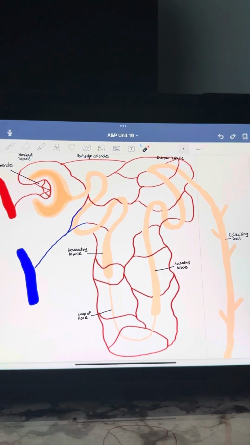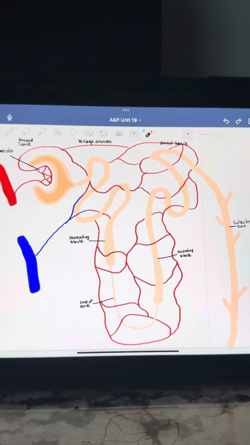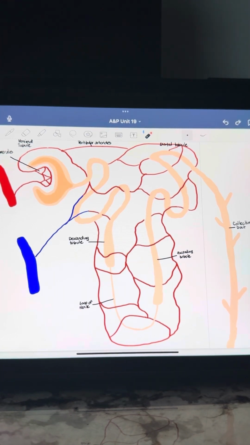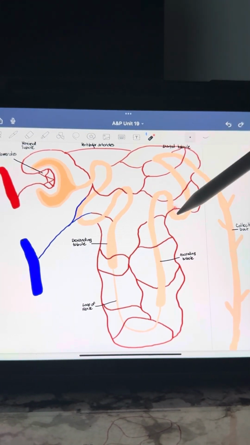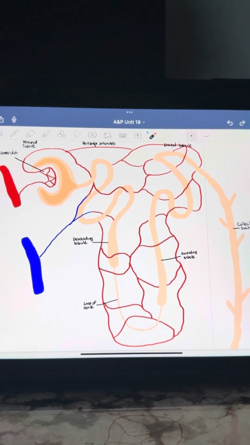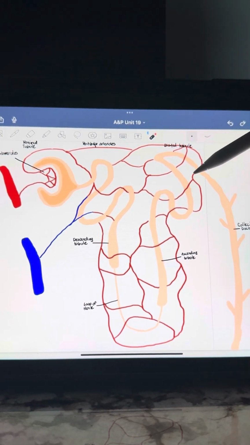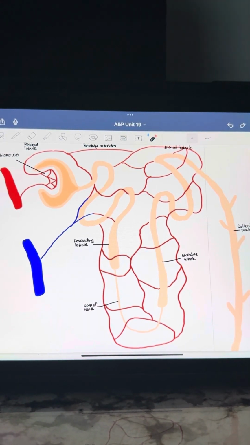Now as filtrate goes through the distal tubule, so right here, and up into the collecting ducts, even more water is reabsorbed.